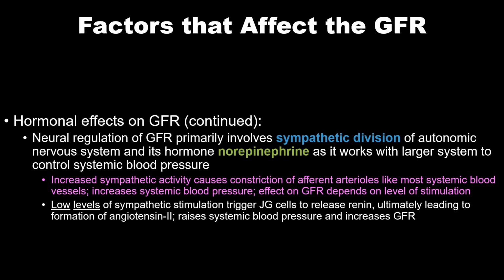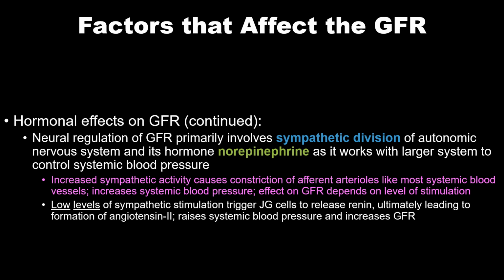That includes the afferent arterioles, and so it elevates systemic blood pressure. You would think this decreases GHP and the GFR, but the sympathetic effect on the GFR isn't quite that simple. Instead, it has an overall effect depending on how much it is stimulated.